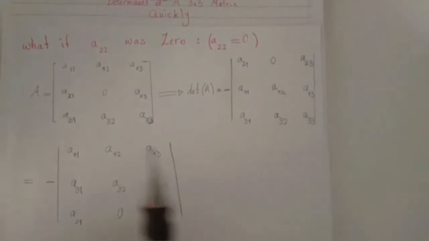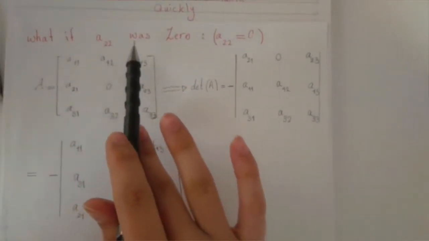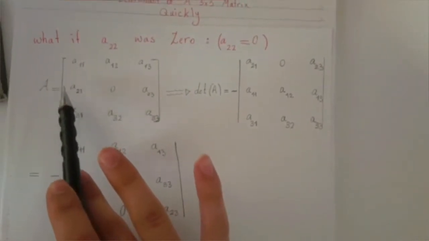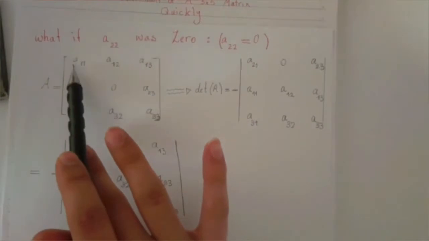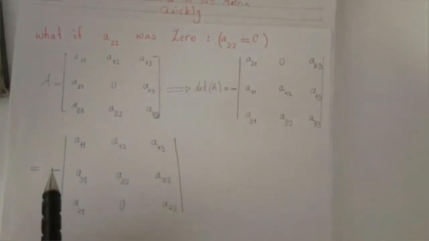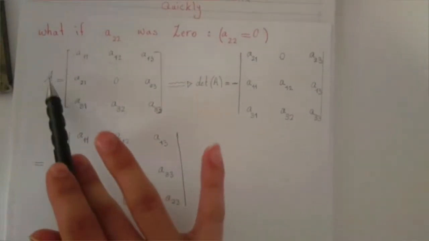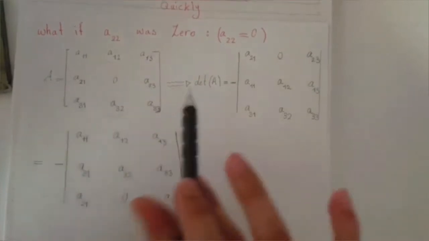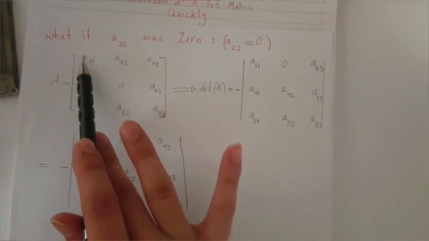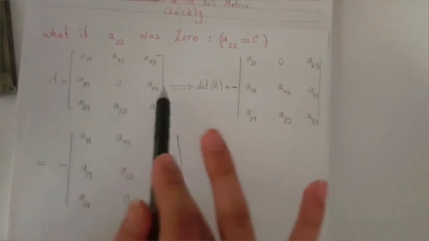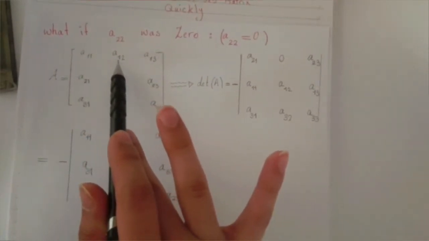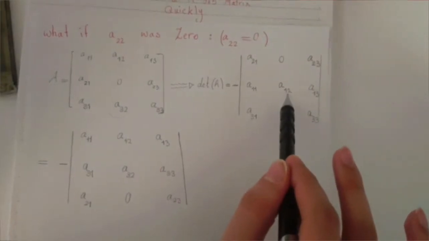Okay, here's the question. What if entry A sub 2, 2 was 0? In this case, we need to swap our rows with another row in which the middle entry is not 0. For instance, the determinant of the matrix A is equal to the determinant of the matrix with the first row and second row changed, and we are assuming that entry A sub 1, 2 is not 0.